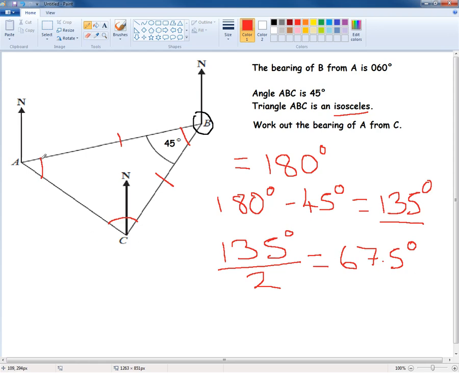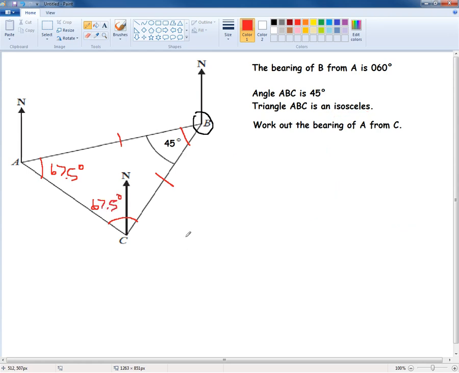So the angle at point A is 67.5 degrees, and the angle at point C is also 67.5 degrees. Okay, so we've figured out the internal angles of this triangle, and a quick and easy way to check is if we add them all together, it comes to 180 degrees. So we know we've got that bit right.